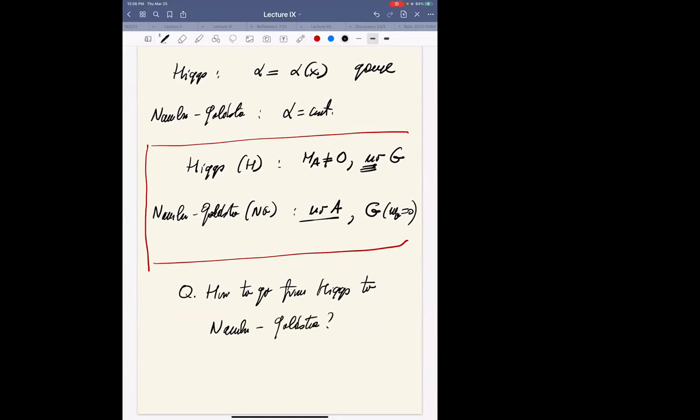This is often called Goldstone. I'm trying to remember to use Nambu. Actually, most of the time, even I forget, just to give credit where credit is due. How to go from Higgs to Nambu-Goldstone.